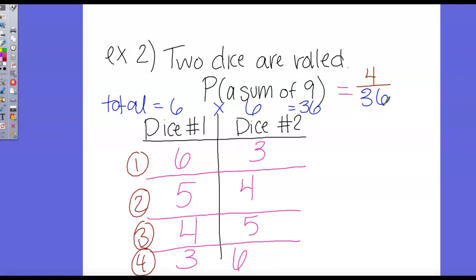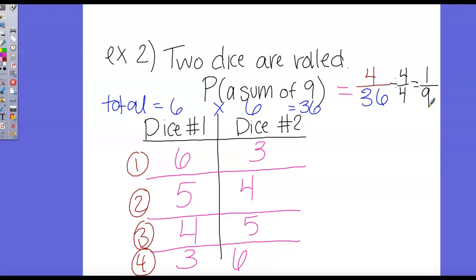All right. Could I simplify 4 over 36? Yes. What can I simplify by? 4. If I divide by 4, I get 1 over 9.